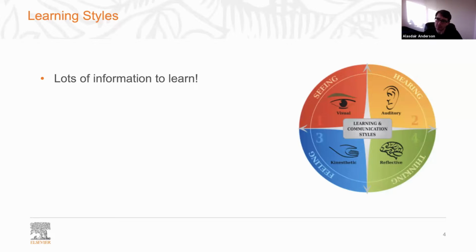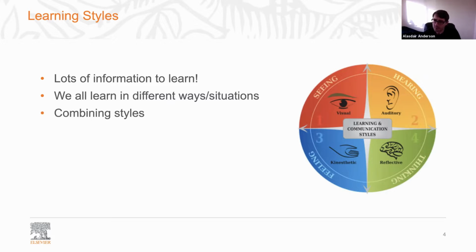And some of it is reflective, where we do an activity, we read about something, and then we think about how we apply it in a real world situation and how we can apply that to be a doctor. Actually, we all learn in very different ways in different situations. And in the real world, we're quite often combining these styles when we're learning at medical school.